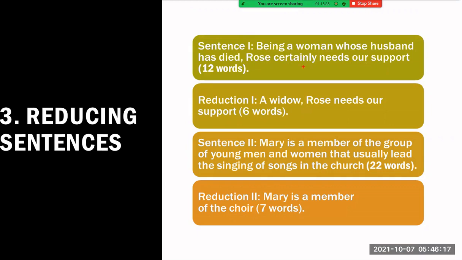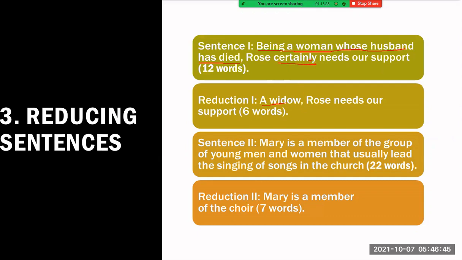All right. So here you see we are changing this. Being a woman whose husband has died, we want to reduce this into 2 words because that is certainly a widow. A woman whose husband has died is a widow. So we reduce that to a widow. Now, we eliminate these unnecessary words.